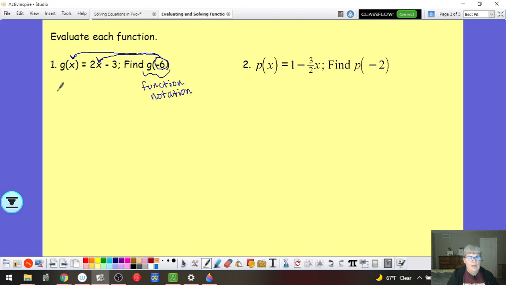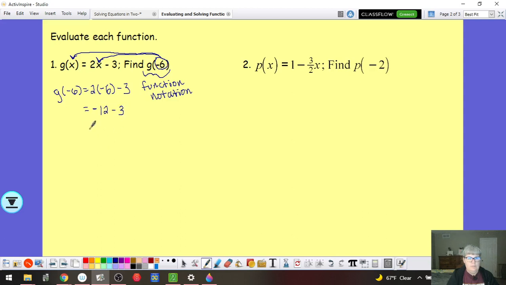So we're going to have g of negative 6 equals 2 times negative 6 subtract 3. And all you're going to do is simplify the right-hand side. 2 times negative 6 is negative 12.